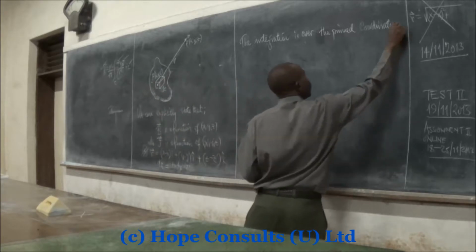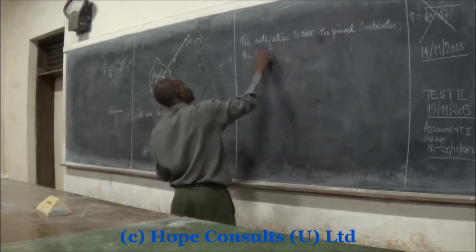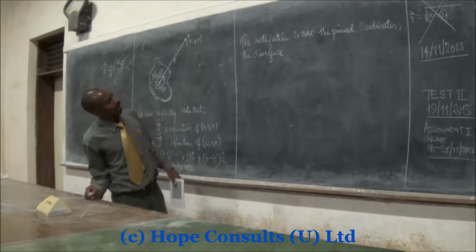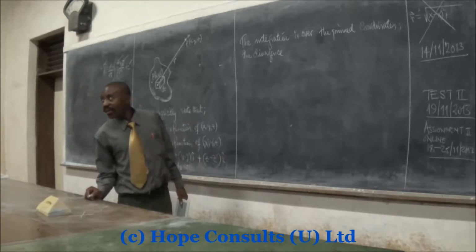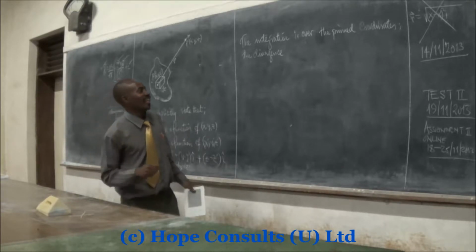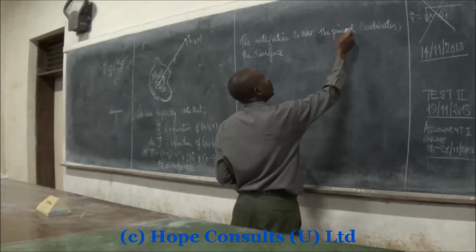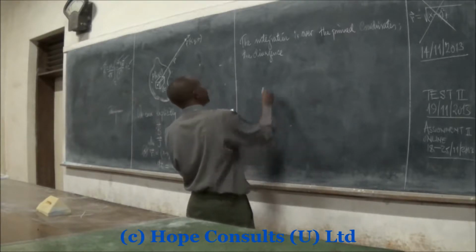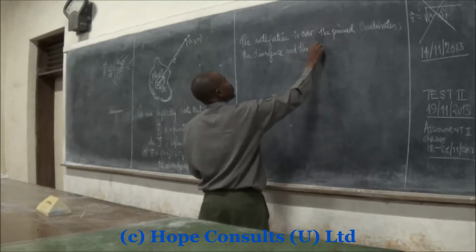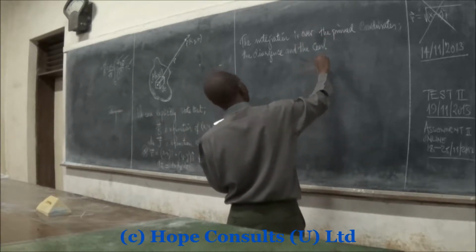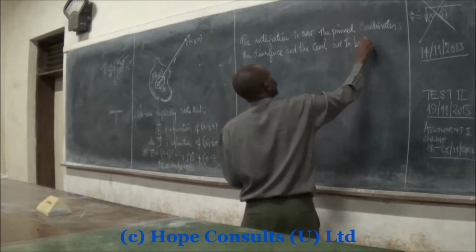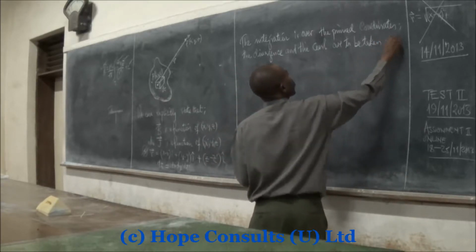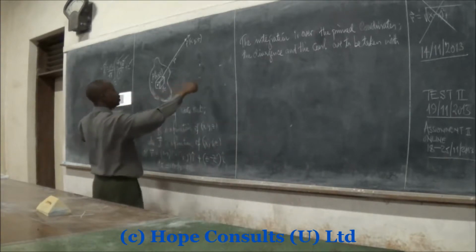So the divergence and the curl are to be taken with respect to the unprimed coordinates.